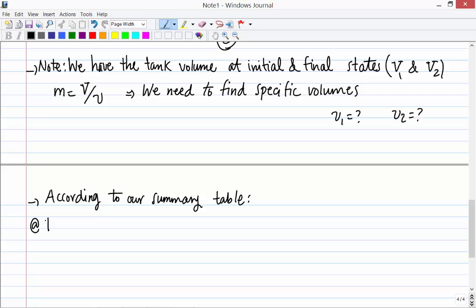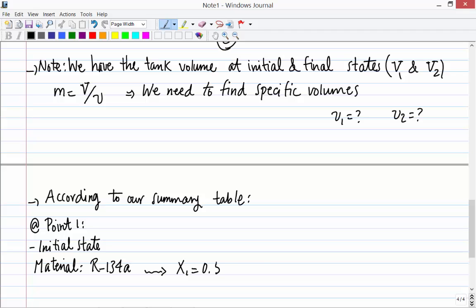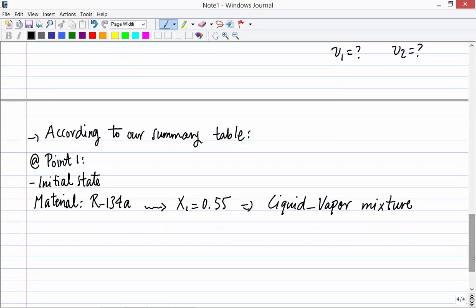at point 1, which is my initial state, one more time, I know that the material is R134A, and I know that X1 is 0.55, which means that it is a liquid vapor mixture. 55% of the mass is in the vapor phase and 45% of the mass is in the liquid phase.